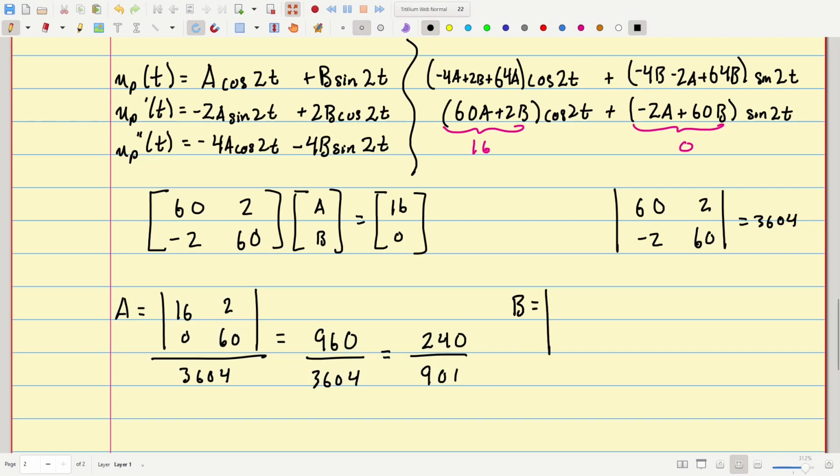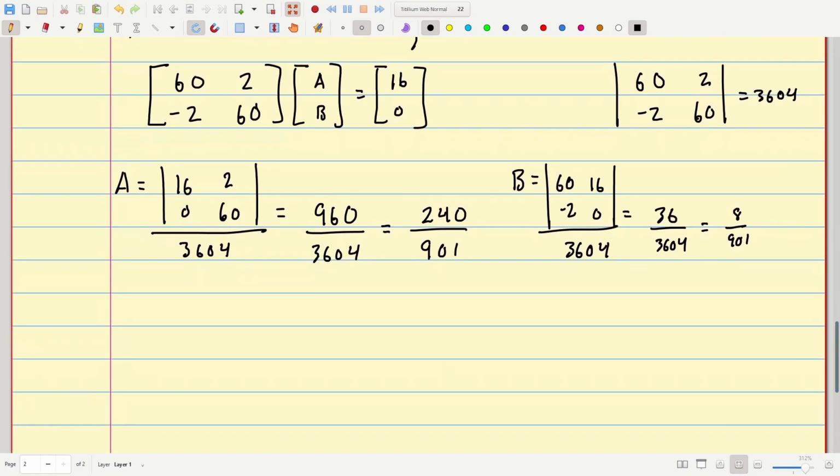For B, 60 times 0 minus negative 16 times 2 gives us 32 over 3,604. Again, they're both divisible by 4.